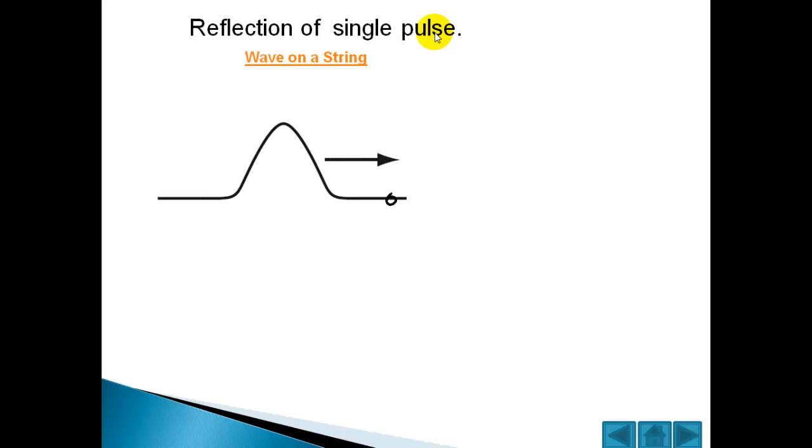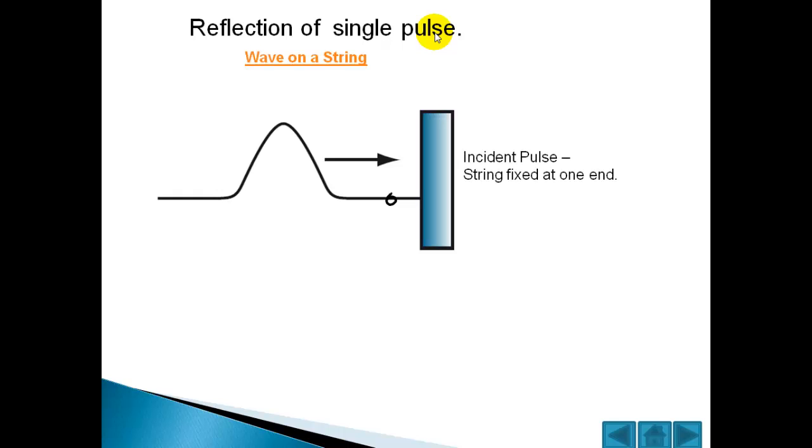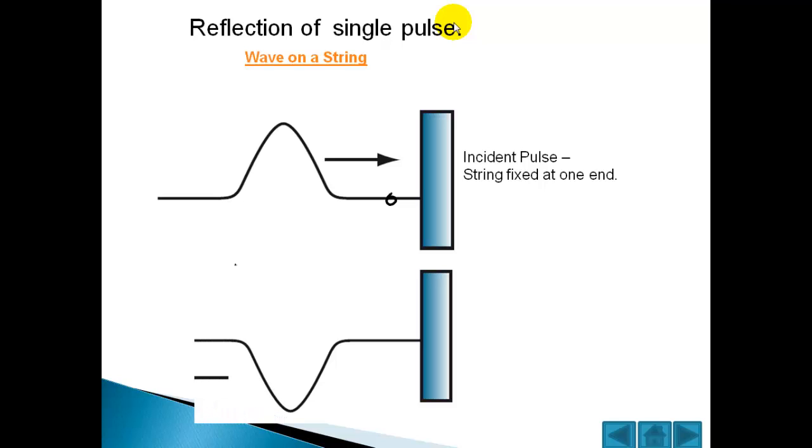You need to know about reflection of a single pulse. So we have a wave on a string. This is the wave coming in on the string, and it hits a barrier. If the barrier is fixed, then it will be reflected back in the opposite direction. So with the incident pulse, the string is fixed.